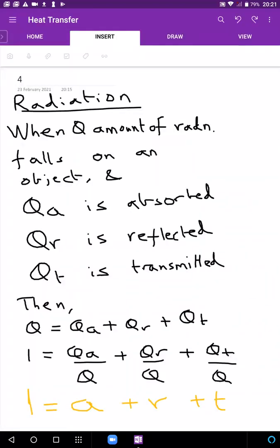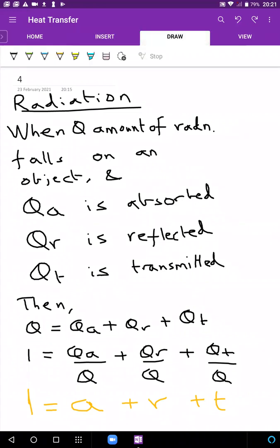One? No, that's one. I have divided both sides by Q. So naturally, when I divide the left hand side by Q, I'm going to get 1. Okay. It's 1. This is total rate. This is total incoming radiation. एक बार वापस. This is total incoming radiation.